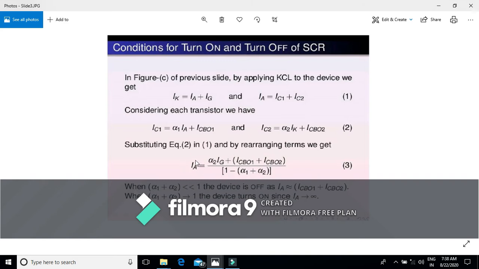That means IA approaches infinity, and this occurs, with alpha 1 and alpha 2 approaching unity, only when we are applying some gate current. When we apply a gate current IG such that alpha 1 plus alpha 2 approaches unity, IA will be infinite, or we can say the SCR is turned on.